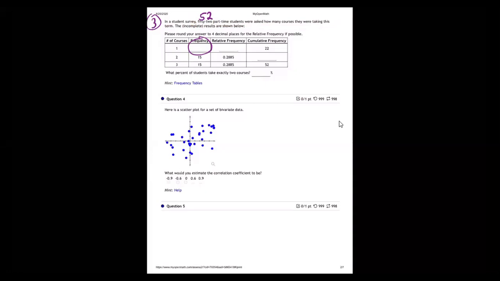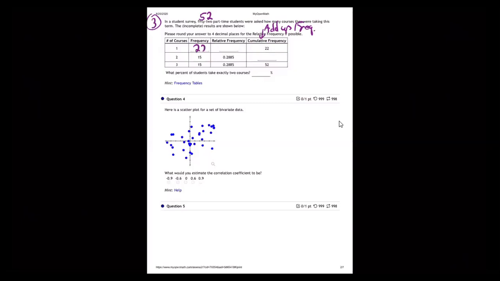On mine, 22. It's got to be the same as this, right? Because cumulative, remember what that means? Add the frequencies. If the first one is 22, that means the first one must be 22 because you're only adding up one number at that point when you're at the top row.